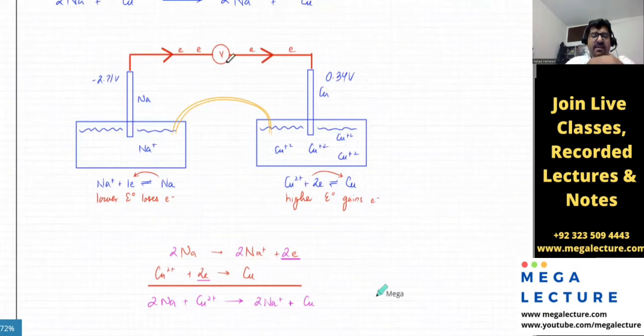I didn't even need the diagram. All I needed to know were the electrode potentials, that the lower E naught loses electrons. So I figured out this one loses electrons, and this is the high E naught, so that gains electrons. Write down the two half equations, this losing electrons, that gaining electrons. Add them up, you'll get the reaction. Okay? Ye clear? Is this part clear?